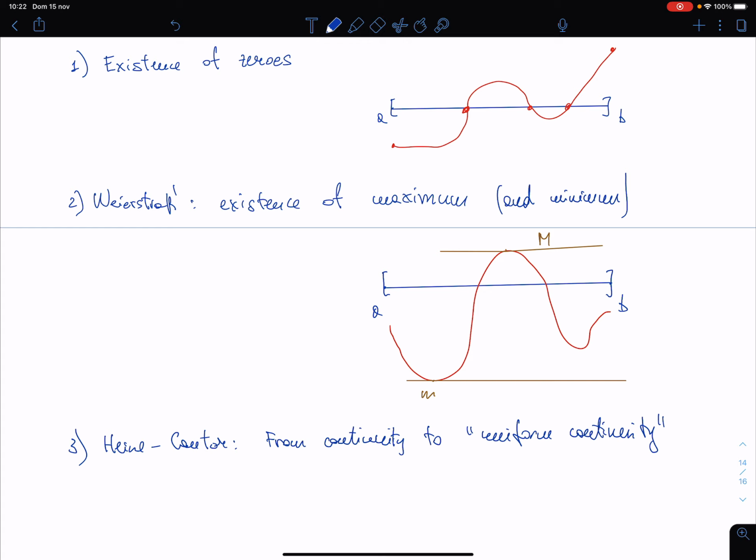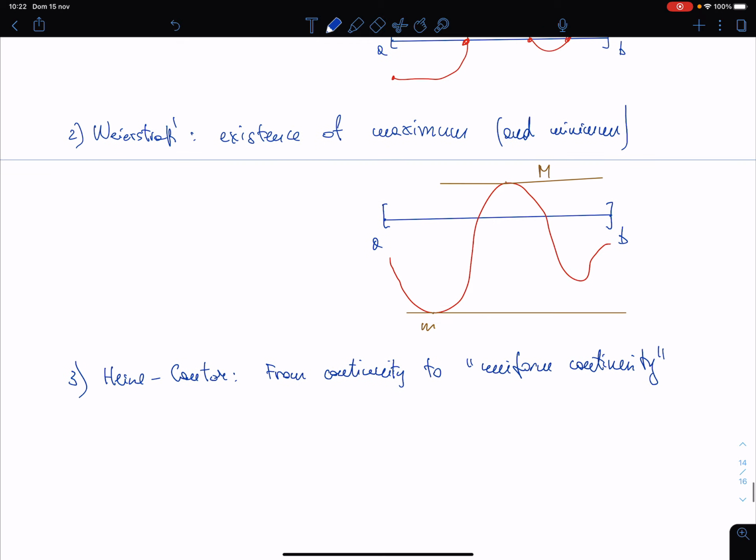So in all this theorem, I underline this. The three theorems require the domain, the interval, to be closed and bounded.